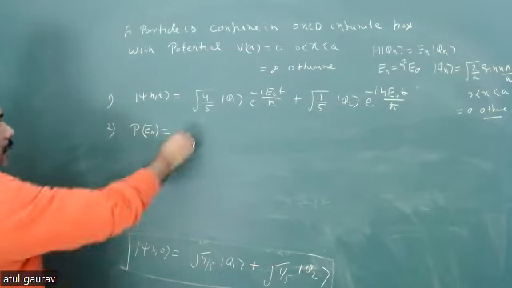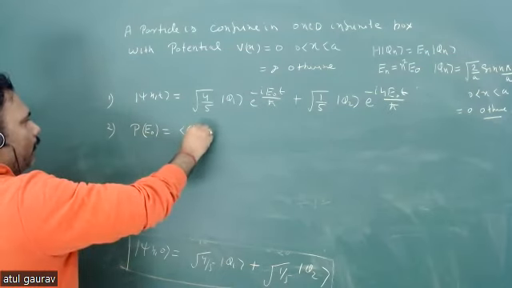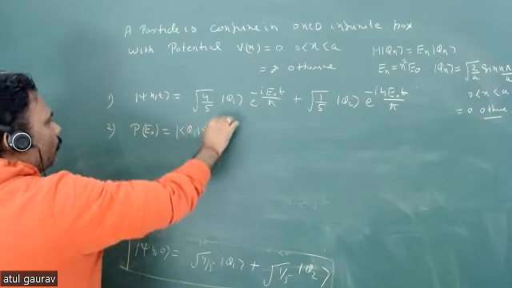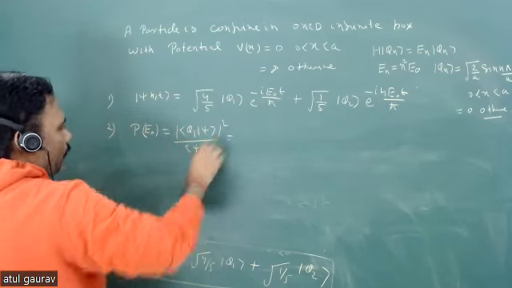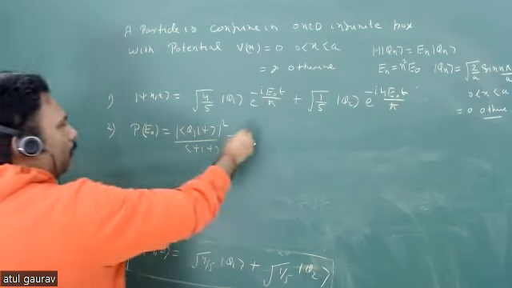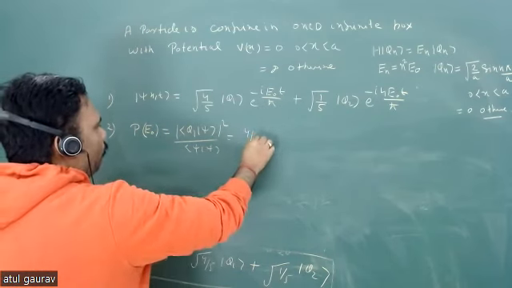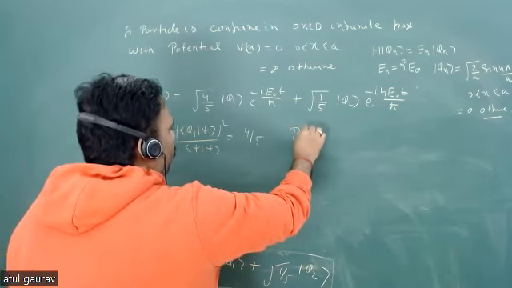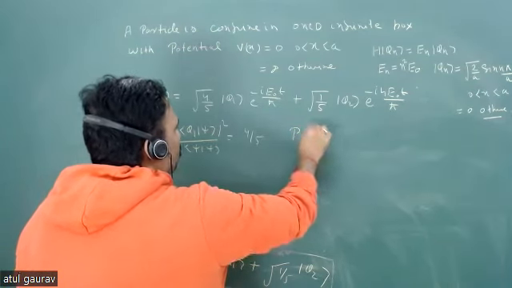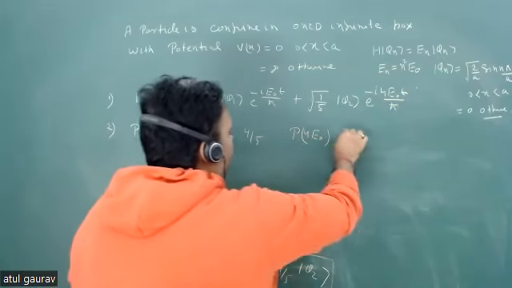4/5. So this is nothing but what? phi1, psi mod psi square, psi and psi। आप यहां कैलकुलेट करोगे phi1 यही सर्वाइव करेगा। So that is 4/5। What is the probability that you are getting 4 E naught? क्या आएगा ये? 1/5.